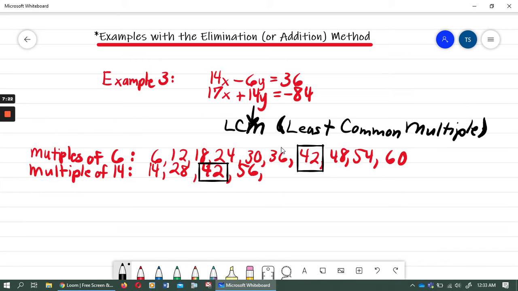So again, the first thing that you're going to do is choose which variable you want to look at, look at the coefficients for that variable, and identify the least common multiple for those coefficients. Guys, identifying that least common multiple is going to help us figure out what we need to multiply each equation by.